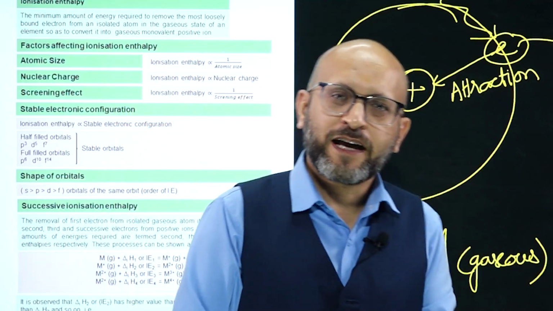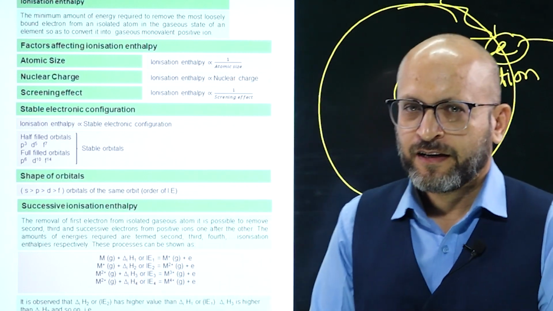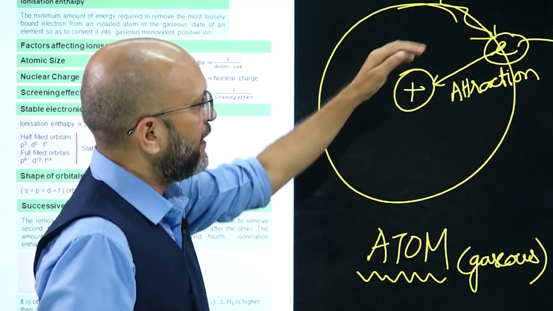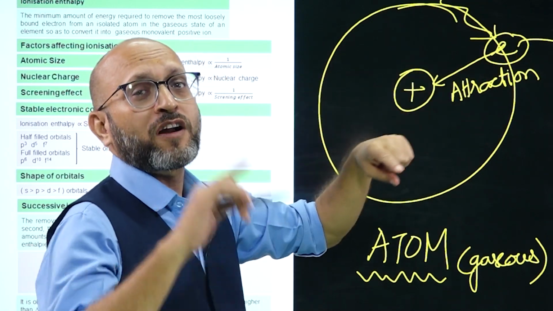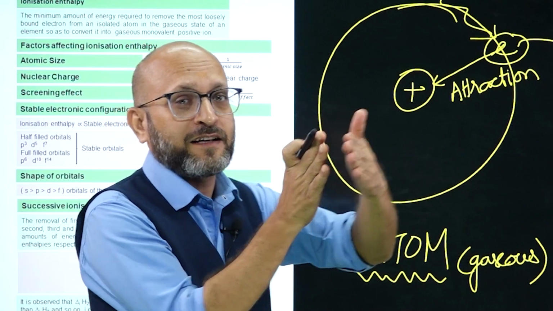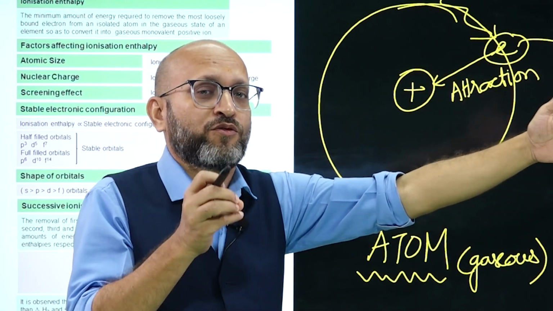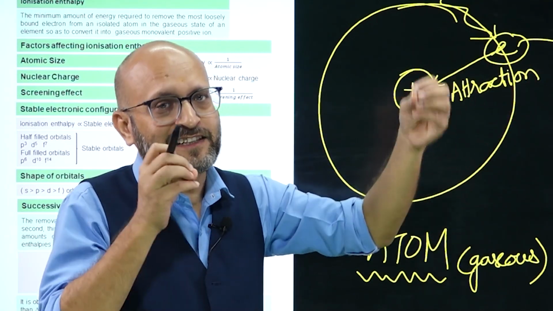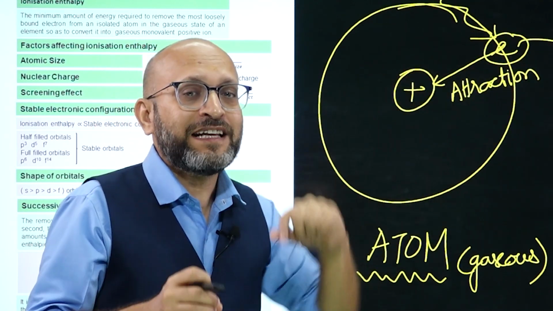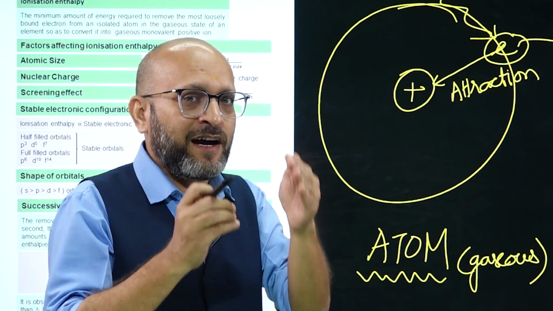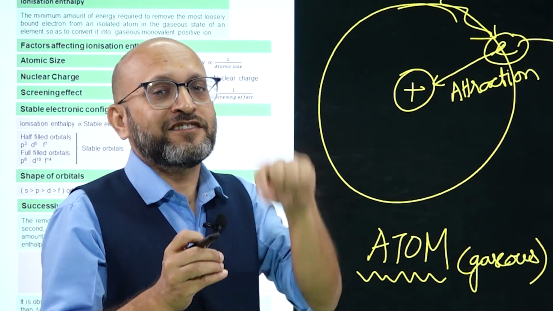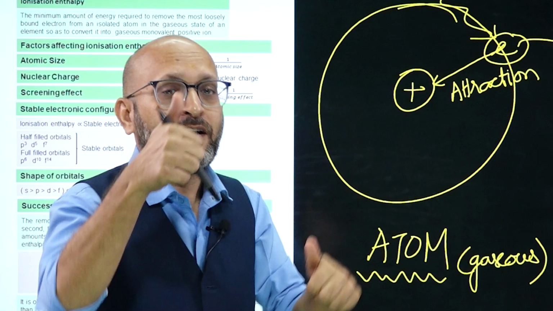Few more facts about ionization enthalpy. What are those? When will an electron be easily removed, in a smaller atom or a bigger atom? In a bigger atom, the electron will be far away from the nucleus, attraction will be less, and the electron will be removed easily. If it is near the nucleus, attraction will be more, then the energy required to remove this electron will be more.